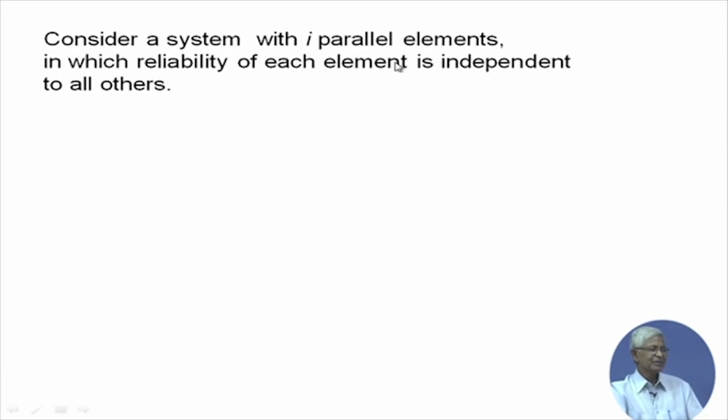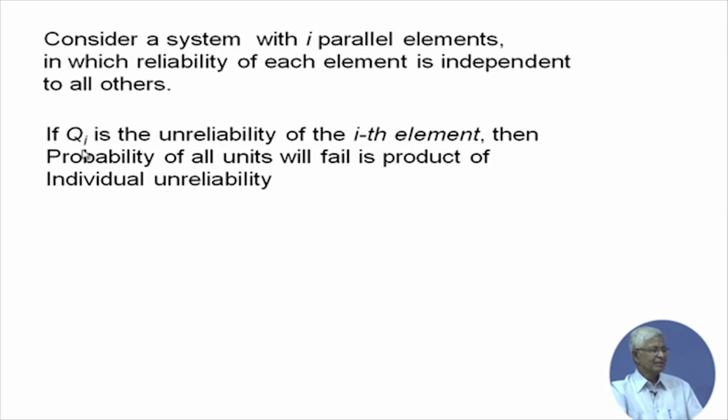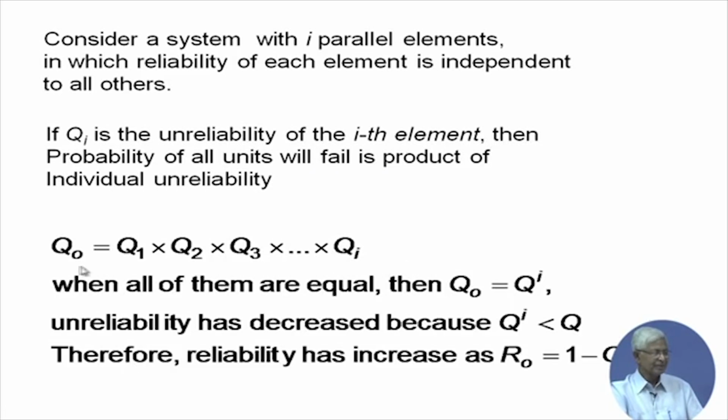Consider a system with I number of parallel elements in which the reliability of each component is independent of all others. Let Qi be the unreliability of the ith component. Then the probability that all units fail is the product of the Q's, that is, the overall unreliability Q0 is Q1, Q2, Q3 up to Qi.